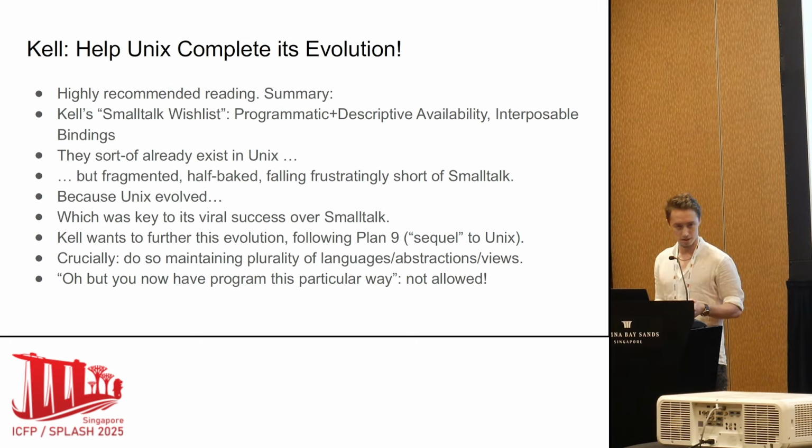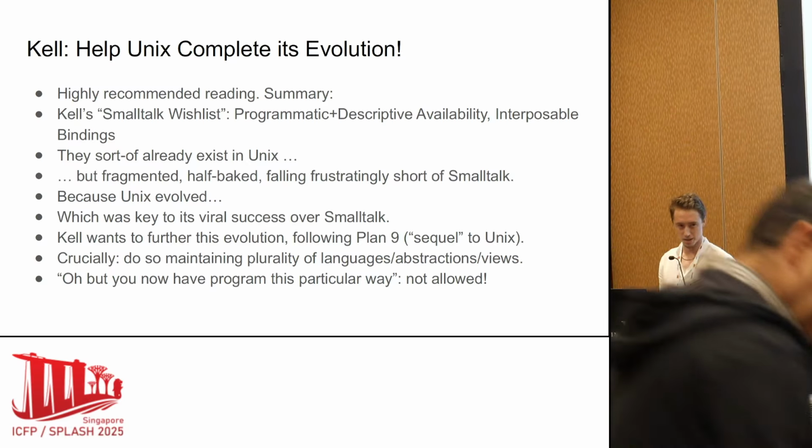So the full article is very well worth reading, but to summarize what's important for this talk, Stephen goes on to identify a Smalltalk wish list of really nice things about Smalltalk that don't seem to exist in Unix. He then points out that many of these nice features do sort of exist in Unix, but in lots of different fragmented forms, or in ways that are just half-baked and frustratingly just manage to fall short of what Smalltalk has. And the reason for this frustration is that in Unix, these features evolved over time, whereas in Smalltalk they were designed in from the beginning.